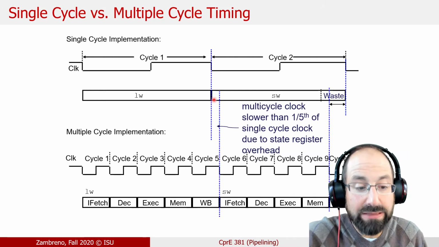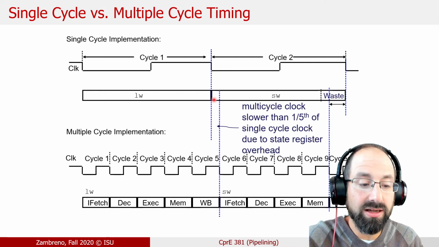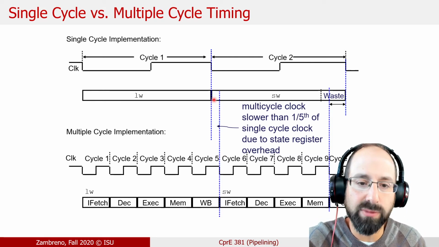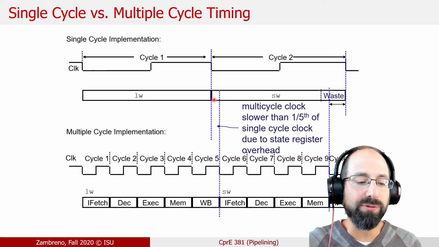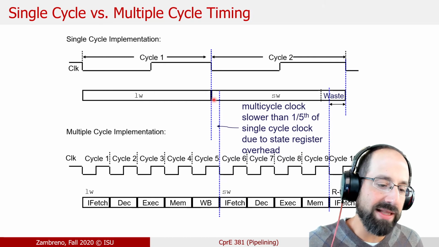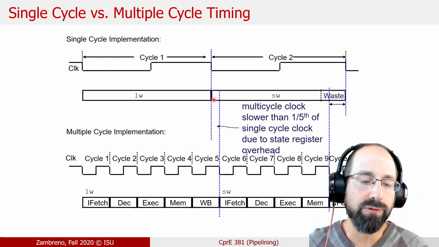Again, the clock frequency would still have to be more than 3x better for the multi-cycle to make sense from a performance perspective. In reality, whether our performance is better or not depends on that mix and on our actual clock frequency.